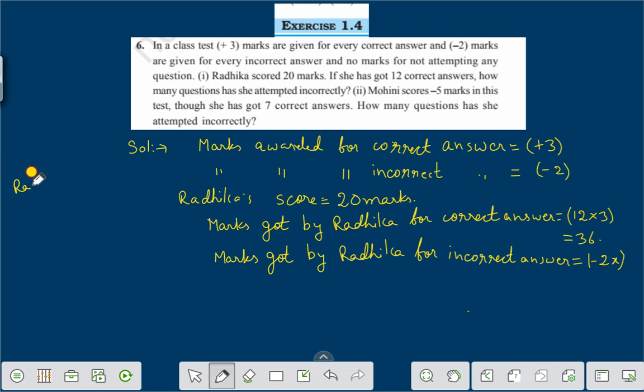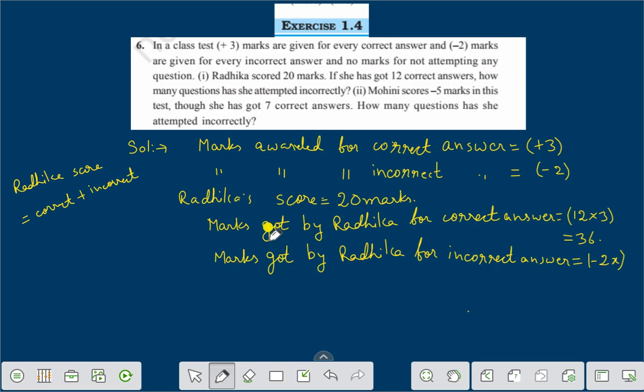Radhika's score will be equal to marks got by Radhika for correct answer plus marks obtained by Radhika for incorrect answer, right?